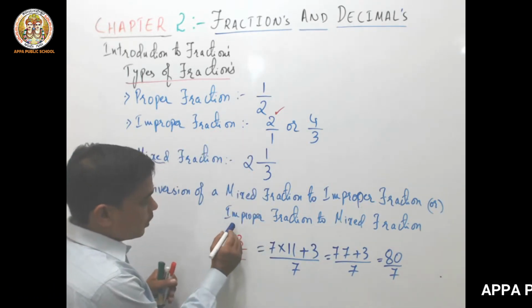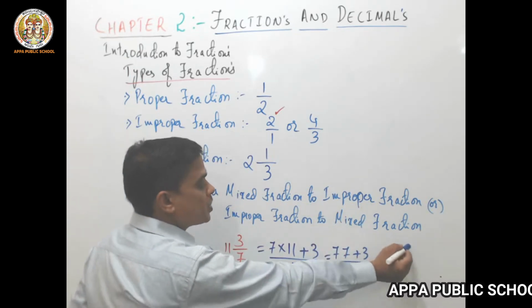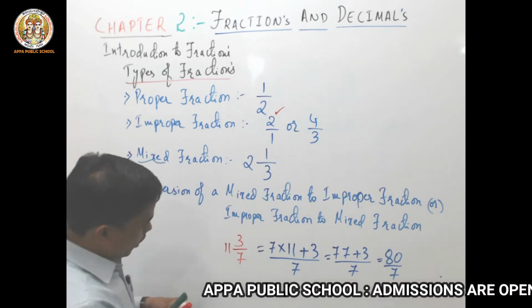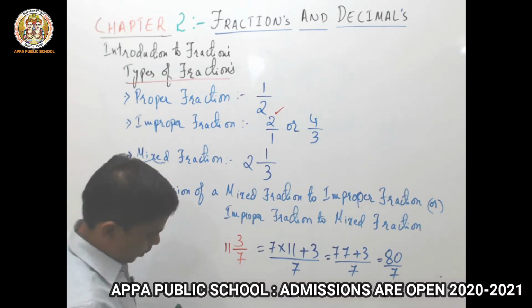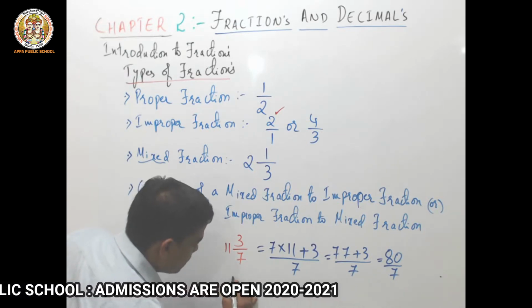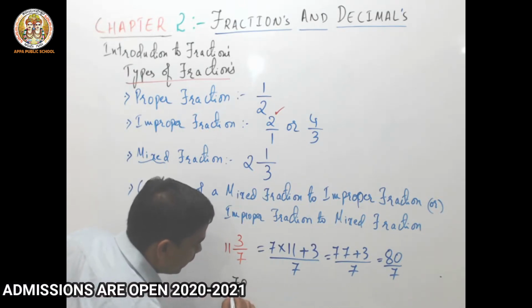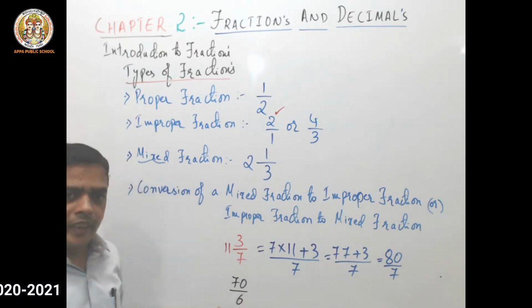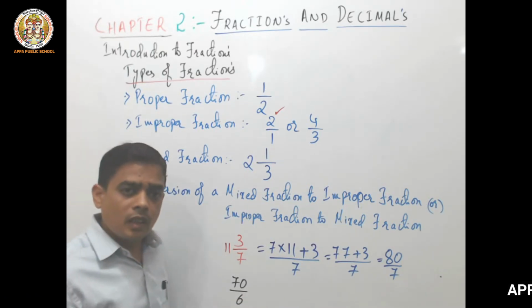How to convert? So you will come to this one, improper fraction to mixed fraction. Suppose you have an improper fraction, take any improper fraction, any number you can take. Here I will take it as 70 divided by 6. Once again this is an improper fraction.